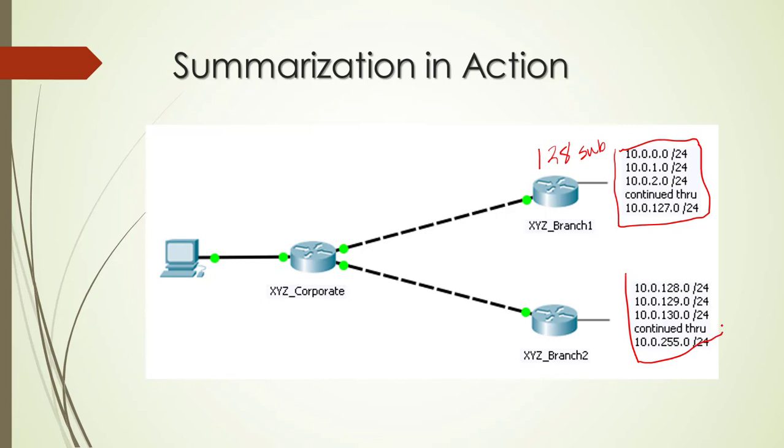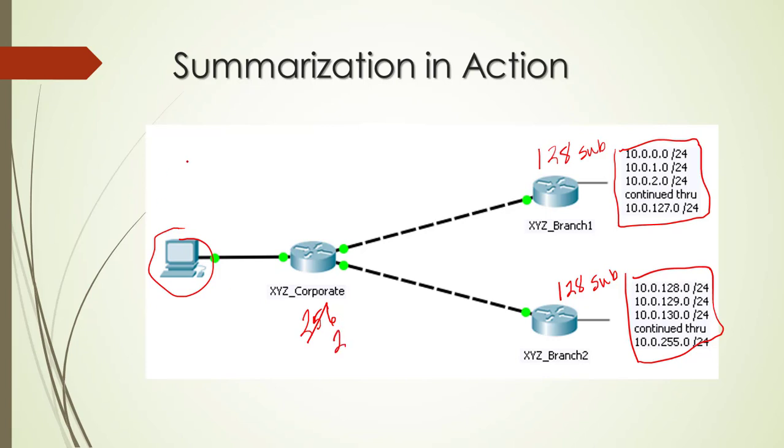On branch 2, again, we have 10.0.128.0 through 10.0.255.0 for another 128 subnets. If we wanted to get a packet from this PC to one of those individual subnets, on XYZ Corporate's router we would need 256 individual routes. With summarization, we can reduce that to 2.